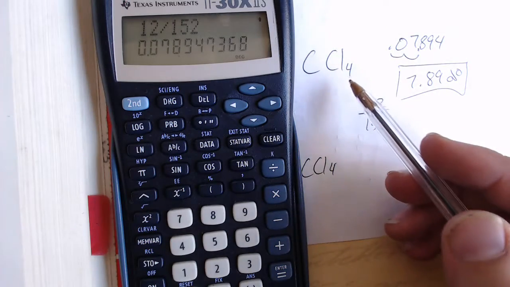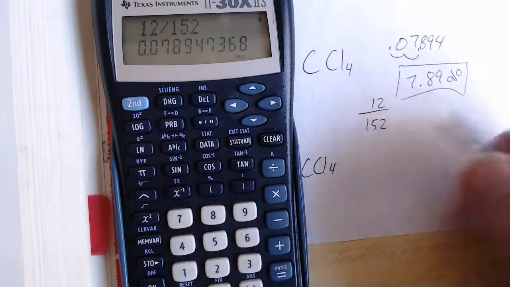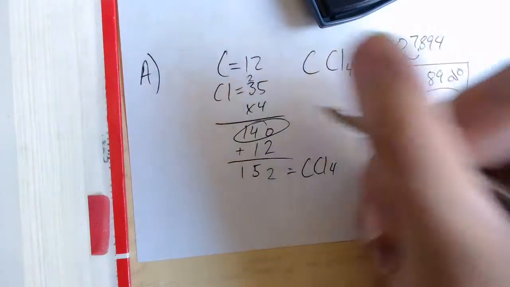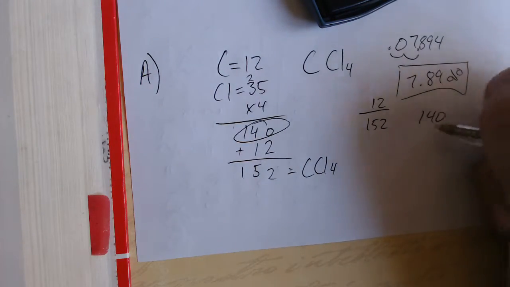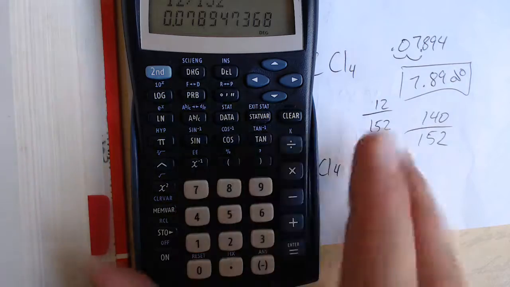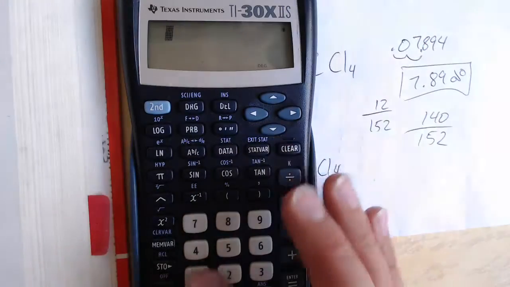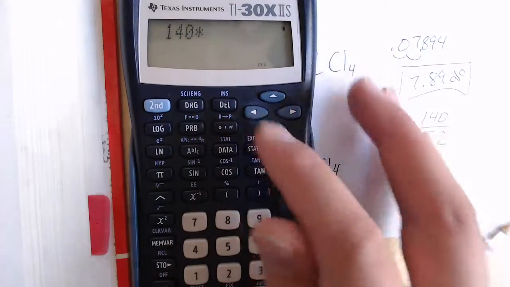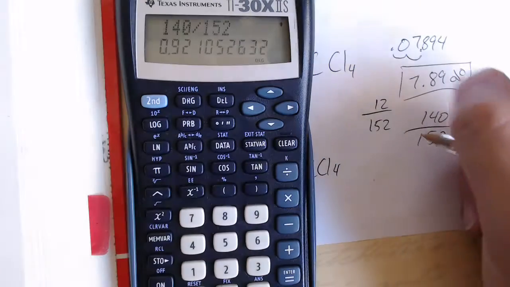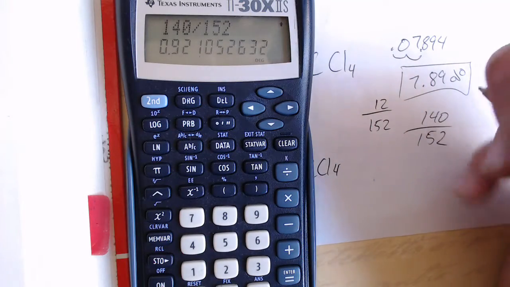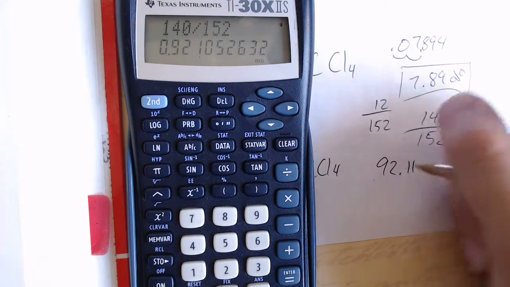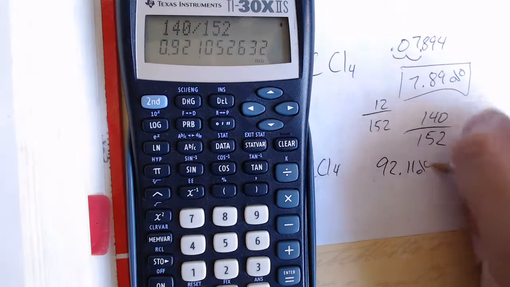Now, if they asked for the percentage by weight of chlorine, we would have to take the weight of all 4 chlorine atoms, 140, and divide that by 152. Just to show you what that would look like, 140 divided by 152 gives us 0.92105, or 92.11% once we round it.